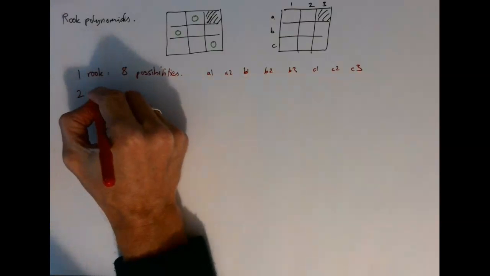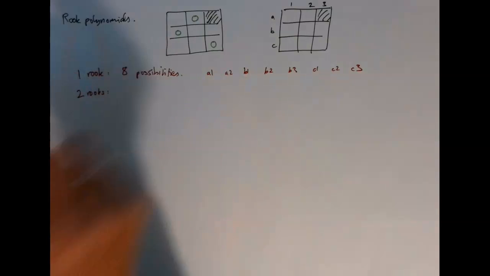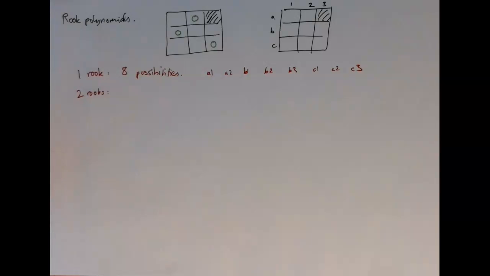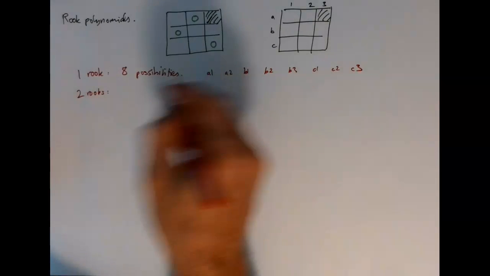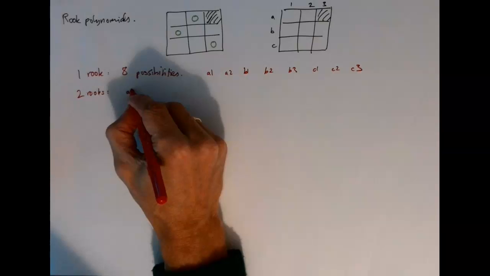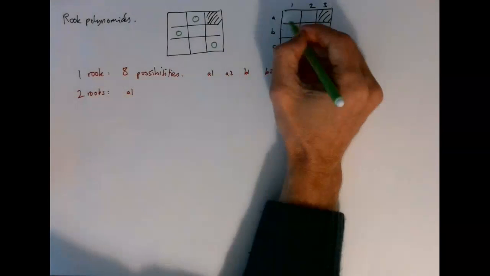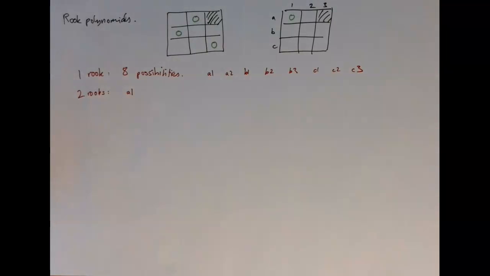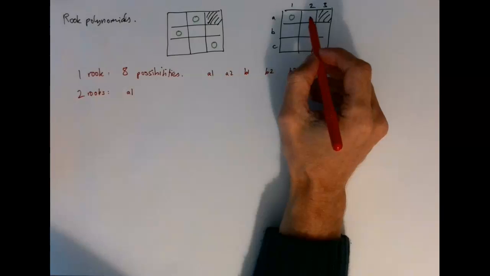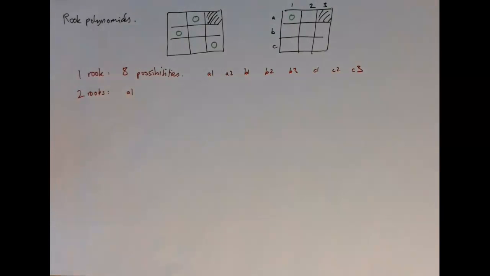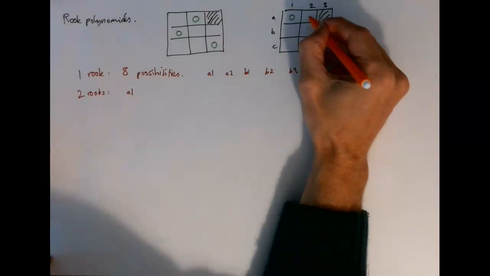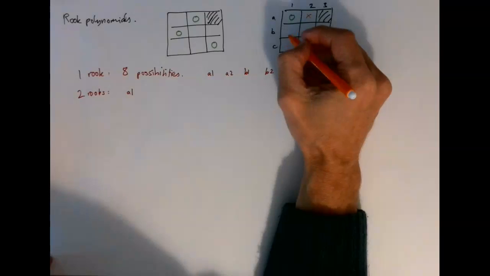Now let's think about two rooks. There's a bunch of different ways we could do this. Let's suppose we place the first rook at A1 here. Then where does the second one go? If we place our first one here, then, in a different colour, we're not allowed to place one here anymore, or here, or here.